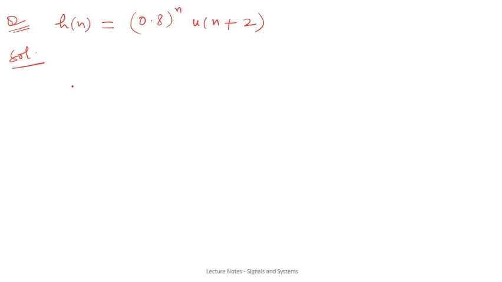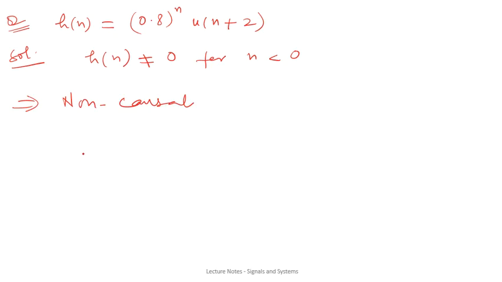Okay, so again you can just see here that this h[n] is not equal to 0 for n less than 0. So this means that this given system will be a non-causal system.